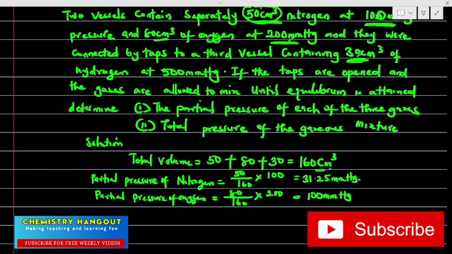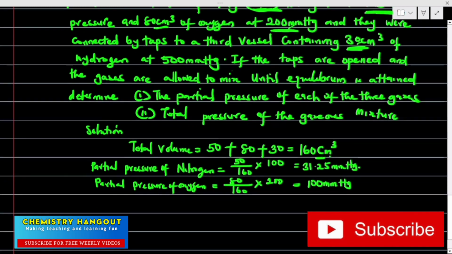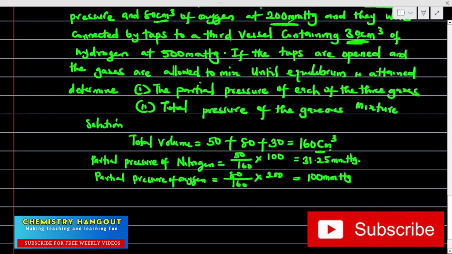Now the third one. If you look here, this is operating at 30 cm³ and a pressure of 500 mmHg. So the partial pressure of hydrogen will be 30 over 160 times 500.